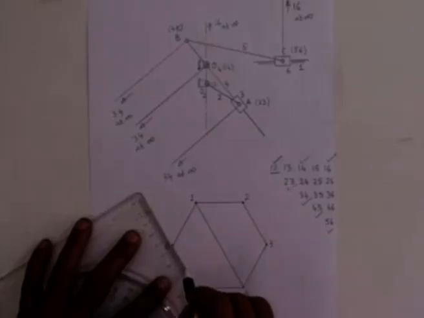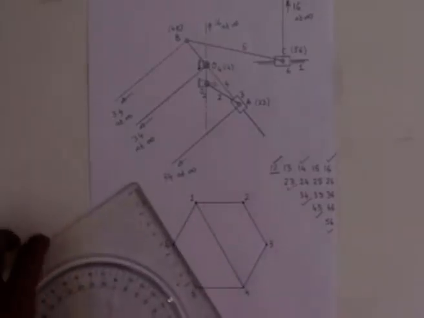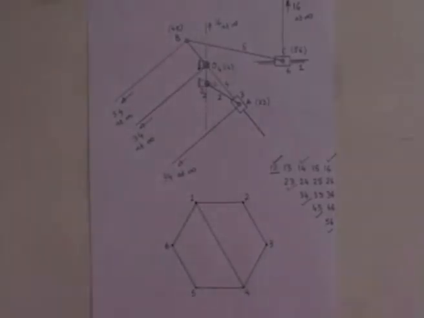So corresponding to the 7 relative ICs which have already been obtained by mere inspection of the kinematic pairs, I join these 7 lines.